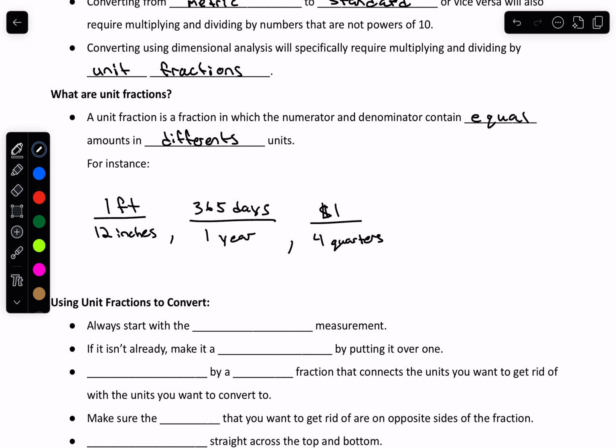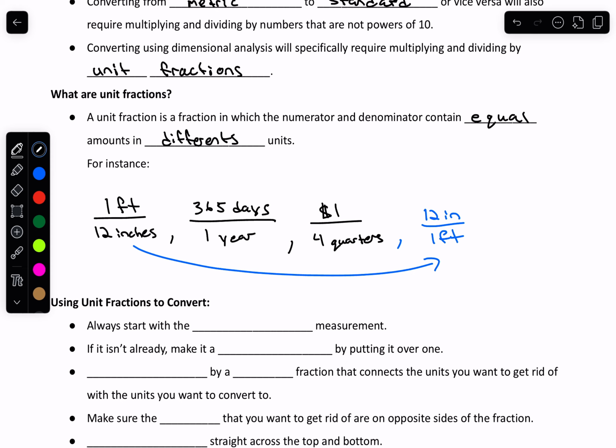And we can also have all of these fractions upside down. So just as an extra example here, even though we saw that 1 foot over 12 inches is a unit fraction, we could also have it as 12 inches over 1 foot. And that is an equivalent fraction where we just have a different numerator and denominator. We did the reciprocal of that fraction. Because remember, the reciprocal of 1 is just 1.